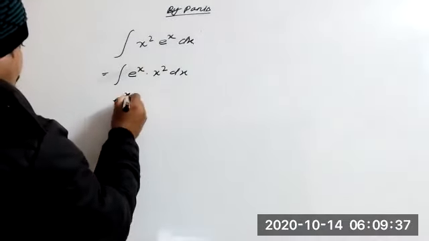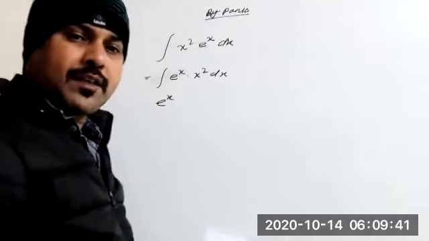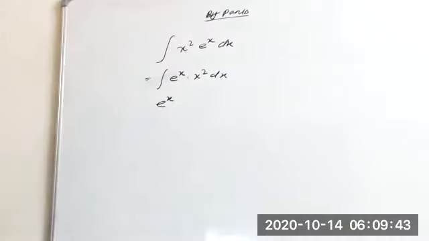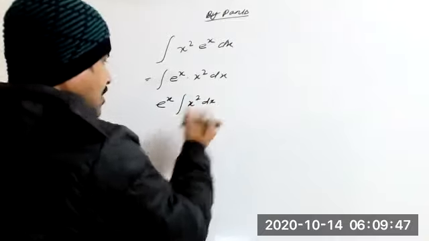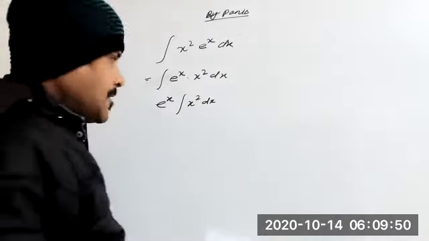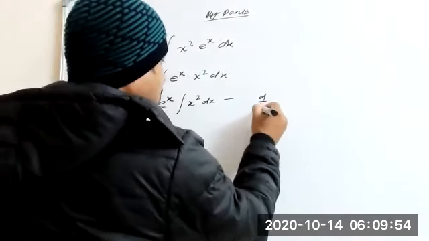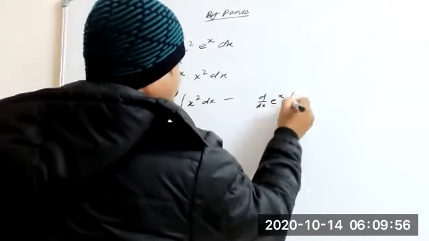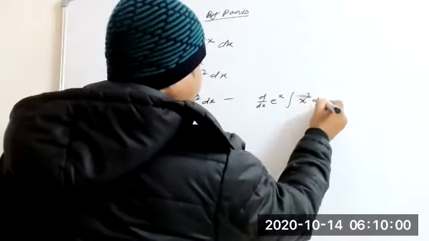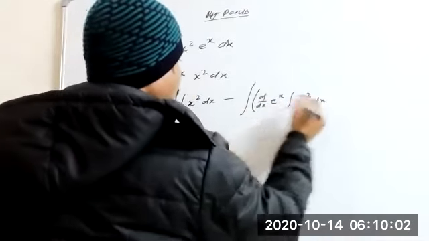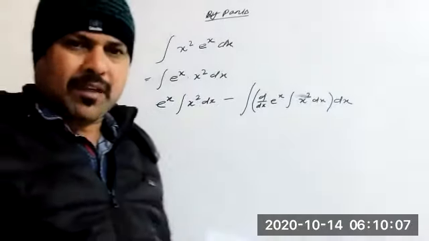The first function formula: first function into integration of second function, right? Minus derivative of first function into integration of second function, whole into dx. This is the formula, right?